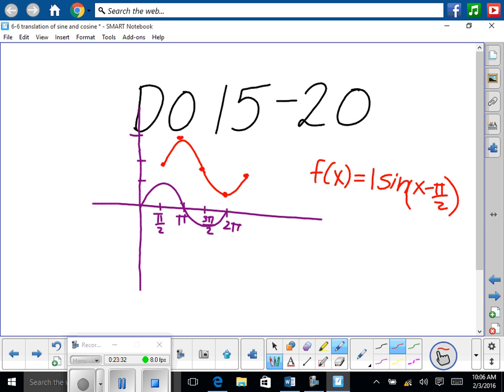We were here, and we're now at this. So do you see how all of them are shifted pi halves? Okay. Then, did we shift up? Yes, right? So we were at 0, and we went up 1, 2. So we shifted all of them up 2.